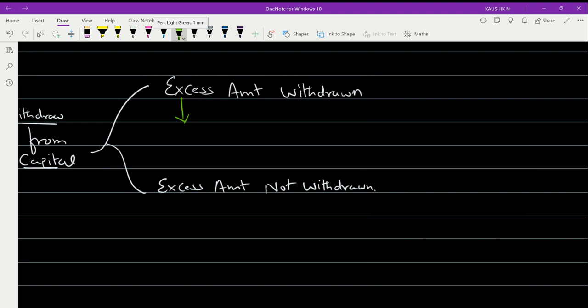When you withdraw the amount of capital, what happens? The respective partner's capital account should be debited.